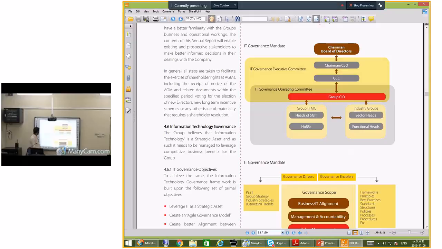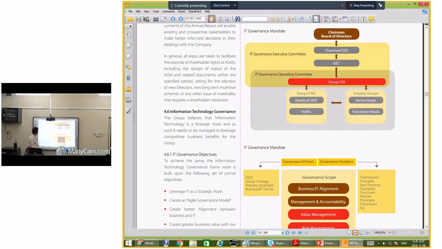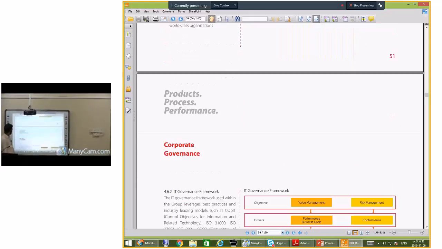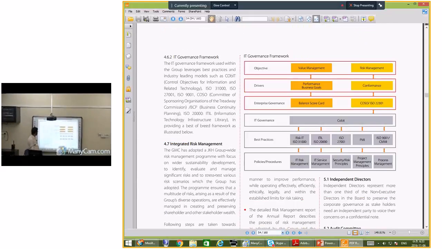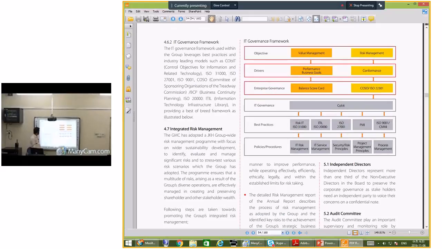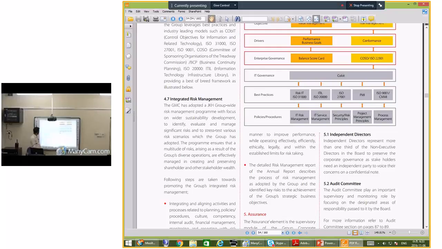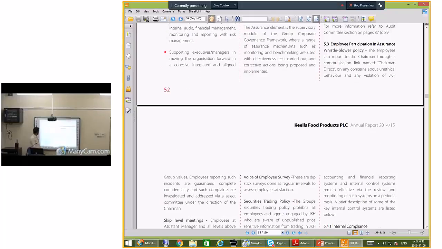CSR projects also, this is the organization structure and the IT governance framework here.